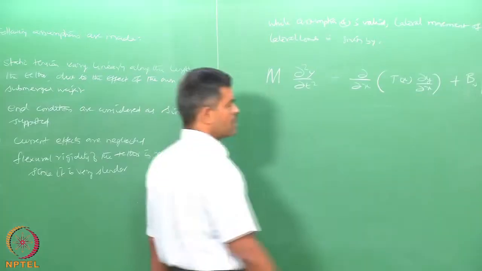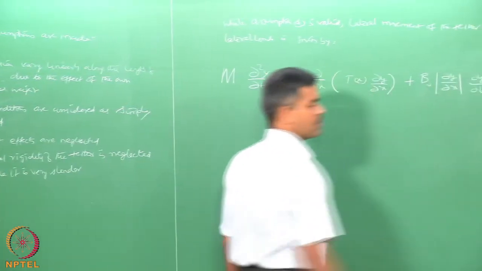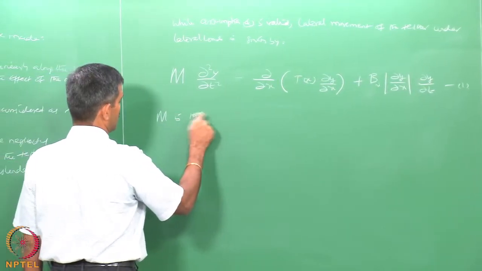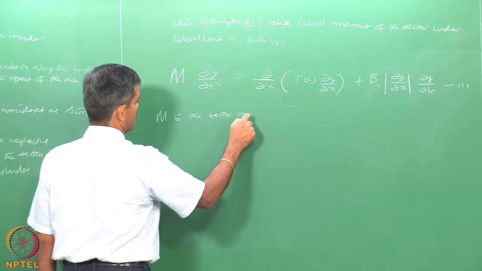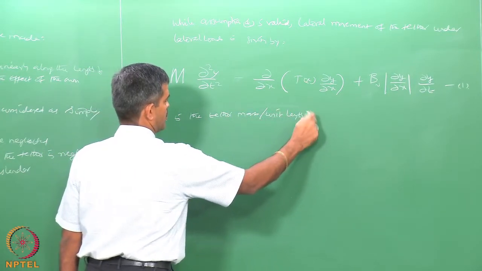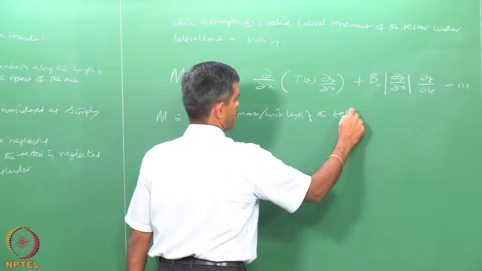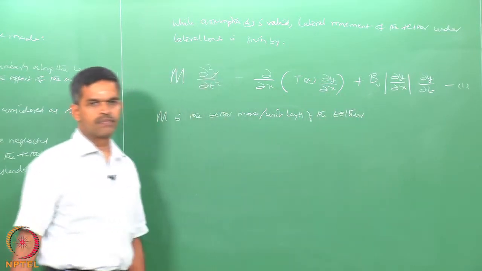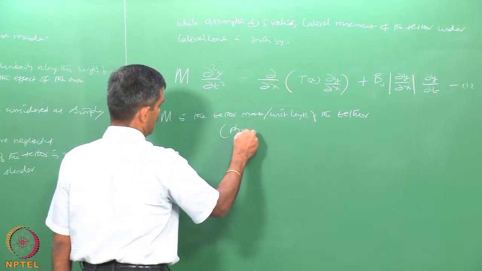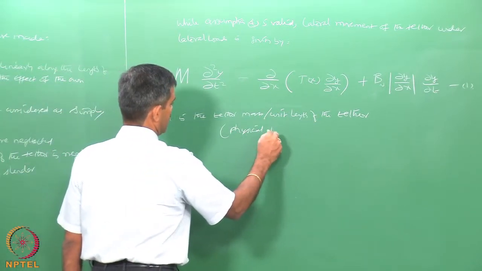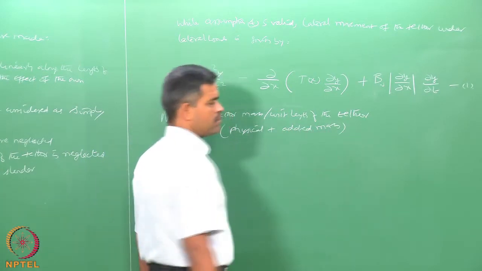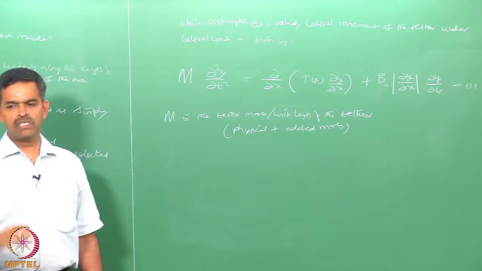Now, let us see equation number 1. In this case, m is the tether mass per unit length of the tether. This includes physical plus added mass, if any. Added mass will come due to the submergence effect.